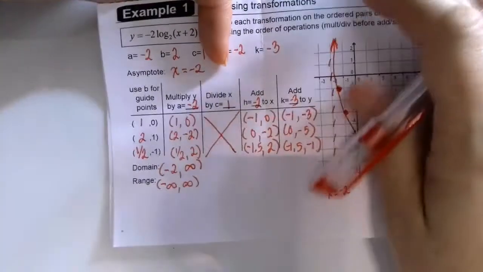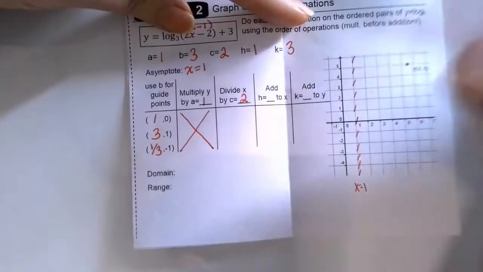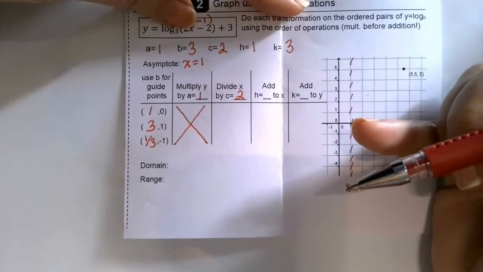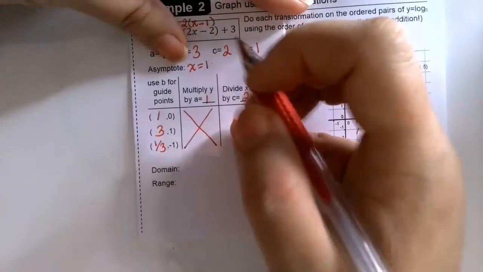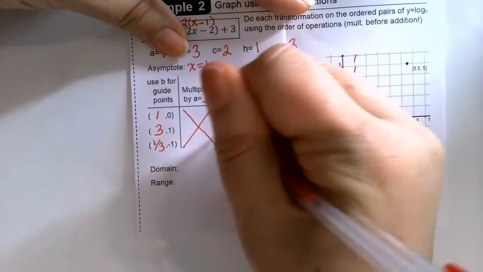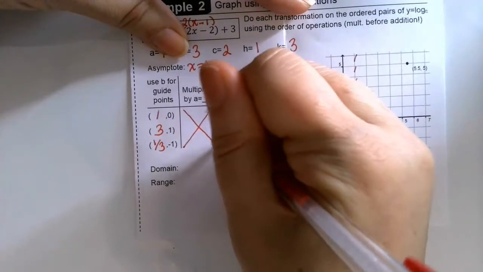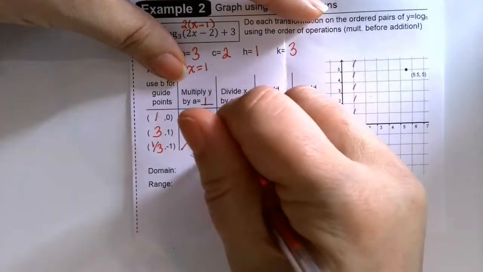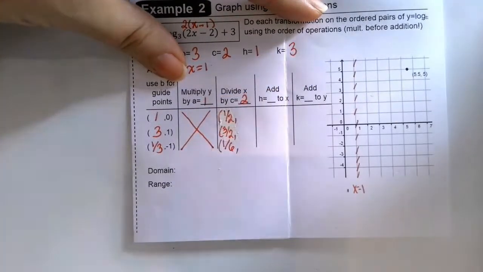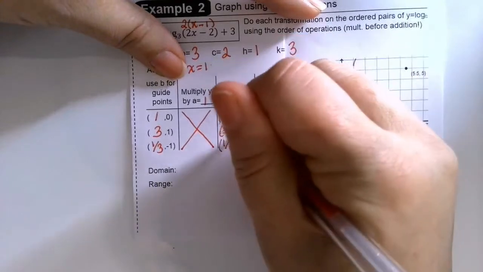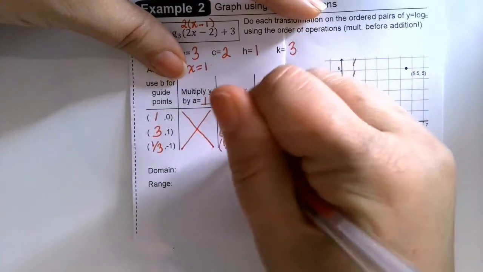So when we divide each of these x's by c, that's going to give us a horizontal shrink as our dilation. So 1 divided by 2 is 1/2. 3 divided by 2 is 3/2. And then 1/3 divided by 2 is 1/6. Then each of these y values is going to stay the same.